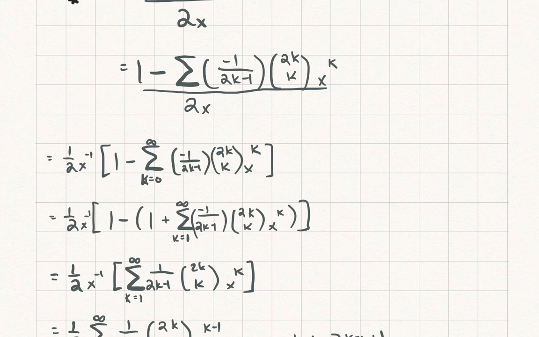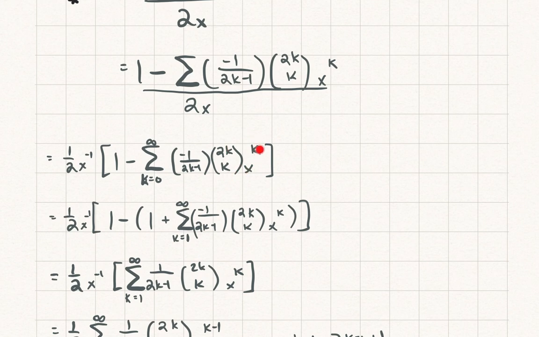And the next thing I'm going to do is peel off this first term. So remember that when k is 0, anything choose 0 is 1. So we're going to get negative 1 minus negative 1 here if we plug in k equals 0. So this simplifies to 1. Then we get 0 choose 0, so that's 1.